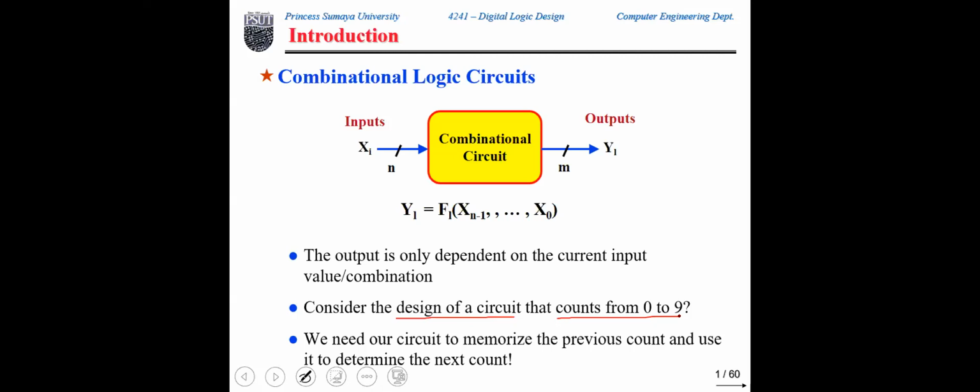We are talking about a digital system, so we need to represent the numbers from 0 to 9 using binary. Everything is binary. So how many bits do you need to represent the values from 0 to 9? You need 4, exactly, like BCD, right?